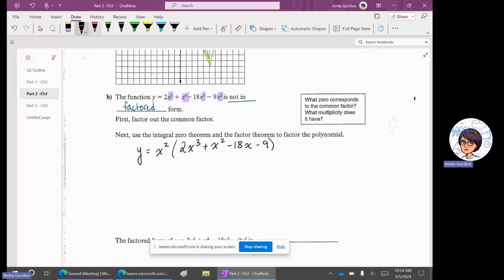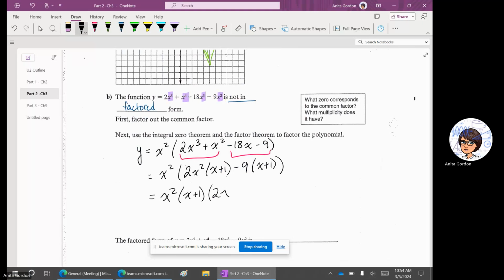I see 4 terms in here, so I'm going to try factor by grouping. This is going to be x squared, 2x squared, x plus 1. Pull out a negative 9 here, x plus 1.